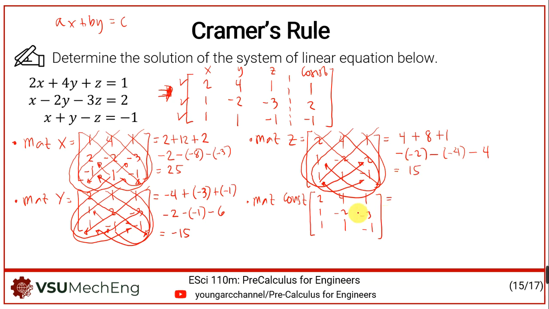And lastly, for the constant, so 2 times negative 2 times negative 1, that's positive 4. Then plus 4 times negative 3 is negative 12 times 1, so we have plus negative 12.